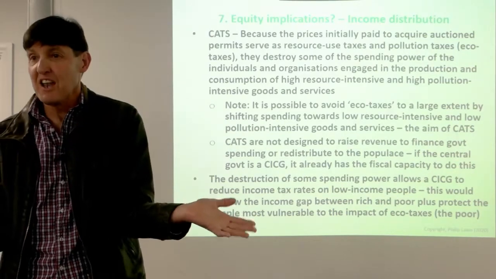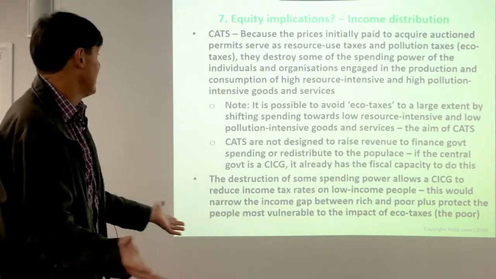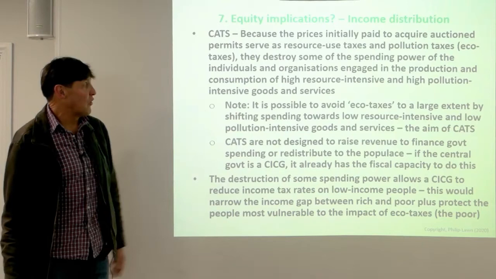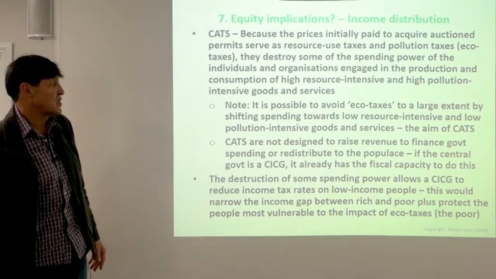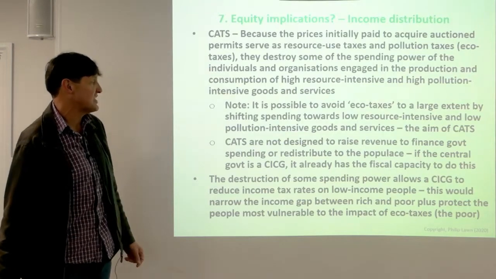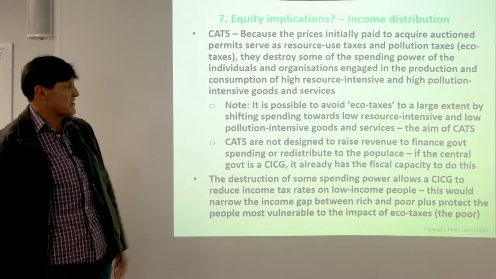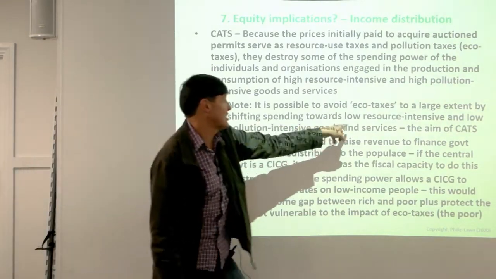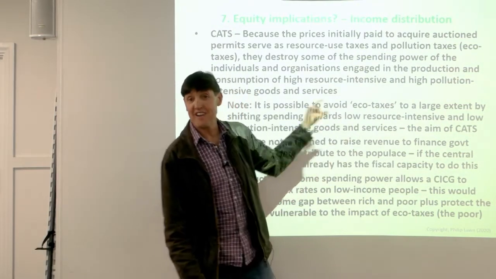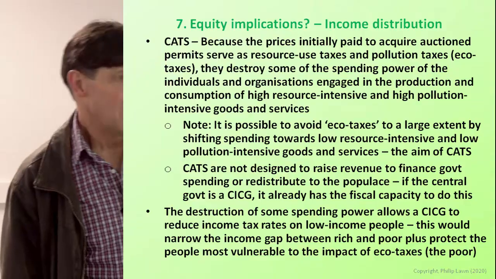It's got as much money as it likes if it's a currency issuing central government. So it's possible to avoid eco taxes to a large extent by shifting spending towards low resource intensive and low pollution intensive goods and services, which is the aim of the system. You won't be able to avoid it completely, because even if it's not zero, it's low, so you'll still be paying a little bit extra.